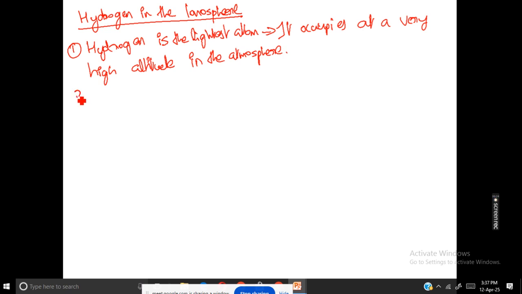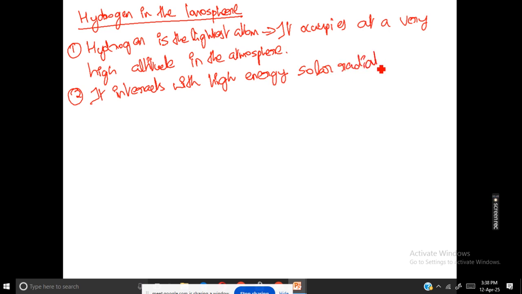And since it is at the top of the atmosphere, it interacts with high energy solar radiation.